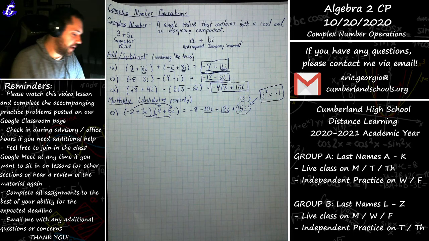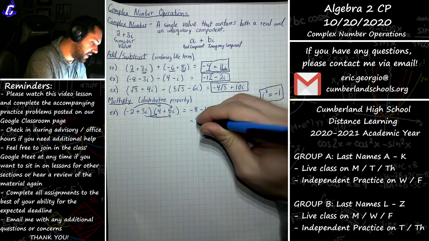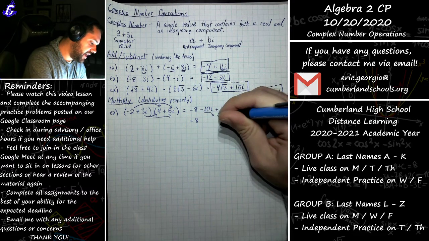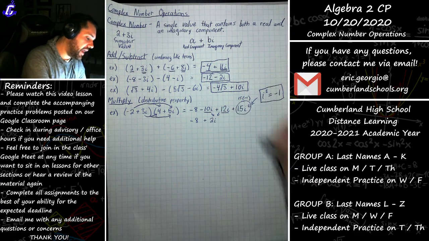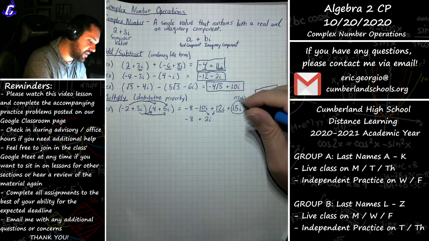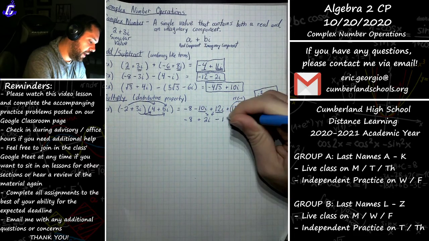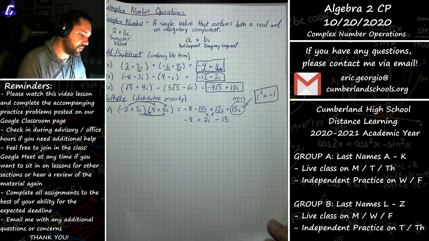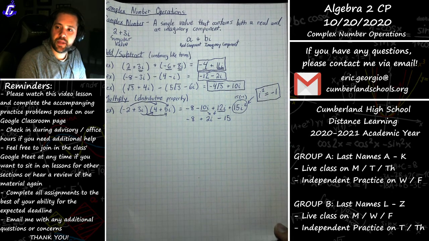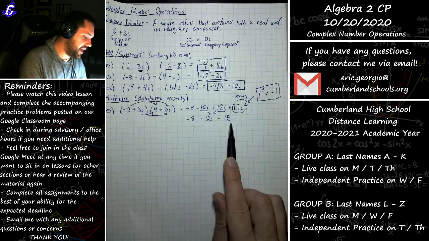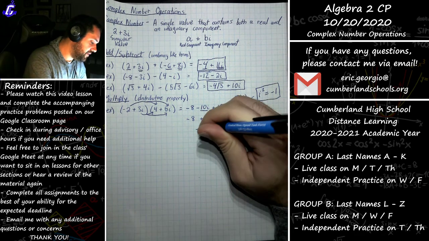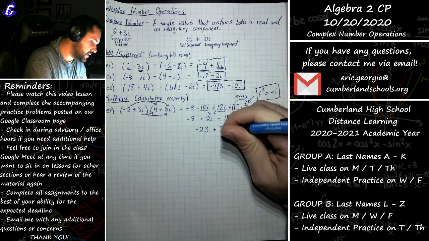So all in one step here, I'm going to combine the like terms in the middle. Negative 10i plus 12i is going to make positive 2i. And I'm going to say that 15i squared is the same as 15 times negative 1, or minus 15. Last but not least, I'm just going to combine those like terms. We have negative 8 minus 15 is negative 23 plus 2i.